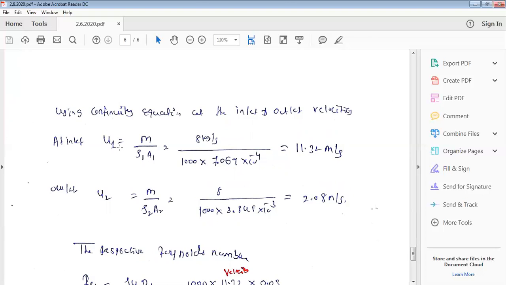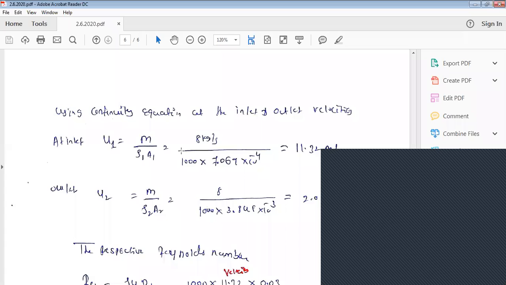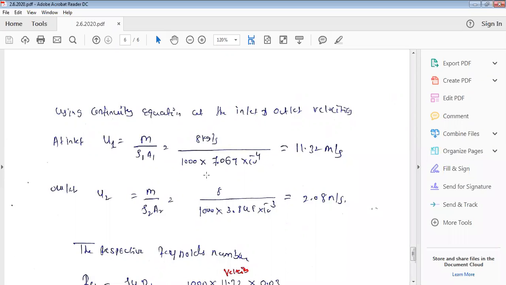Mass we know, they have given 8 kg per second. Density we took from the data handbook, area we calculated. Correct? Substitute all these values and the velocity at the inlet is 11.32 meter per second. This is the velocity at the inlet.